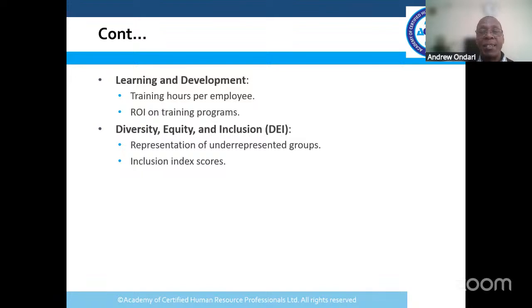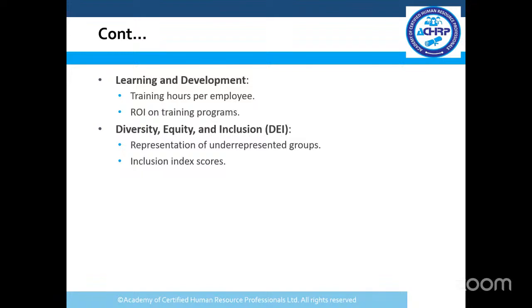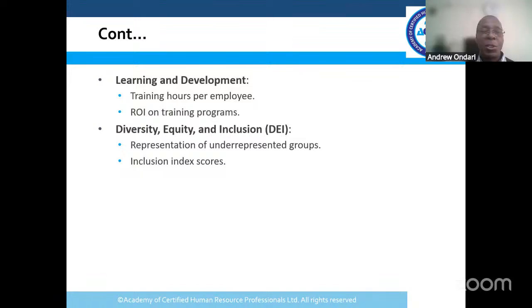I guess we are together, Siama? Yes, we are. Yes, total number of hours over total number of trainees. So it will give you an average time taken per employee. So if you want to convert that to percentage, you simply multiply that by 100.